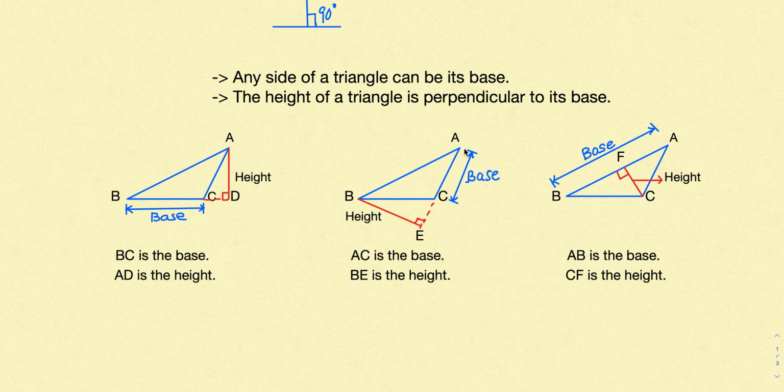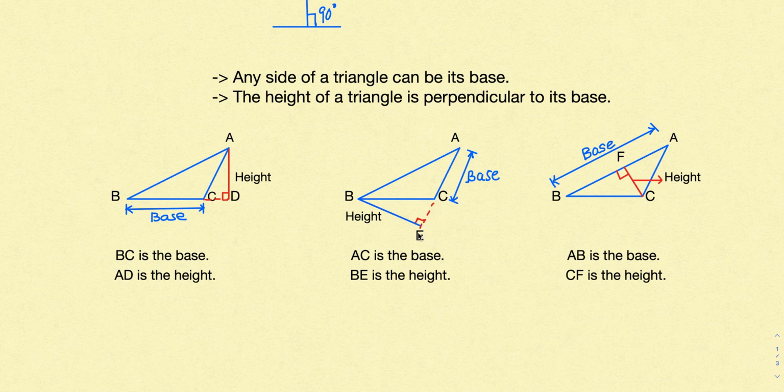Now, if I choose AC as my base, then the perpendicular has to be drawn from B on AC. But can I do that? Let's see. I'm trying to draw a perpendicular, but I can't unless I bring it here, where I extend the line of the base AC.